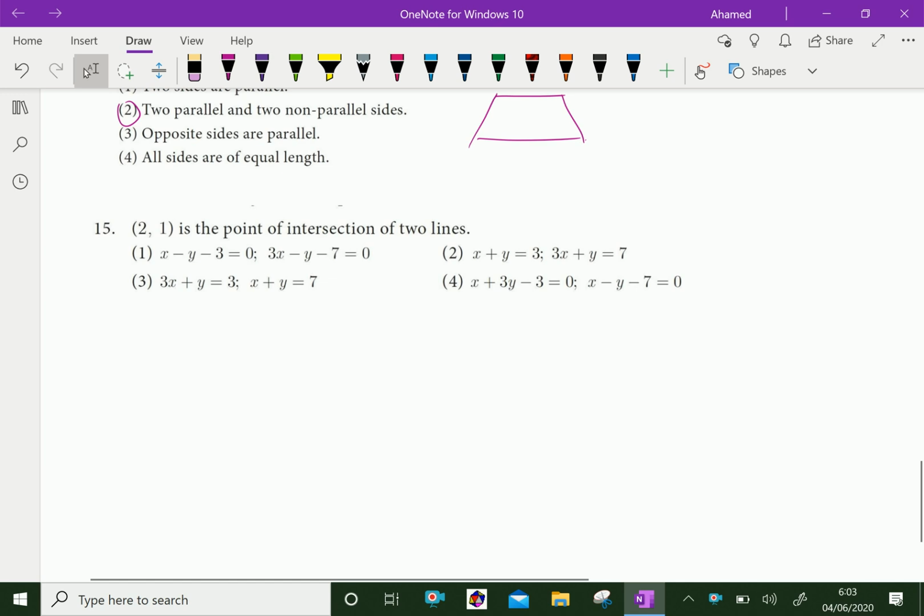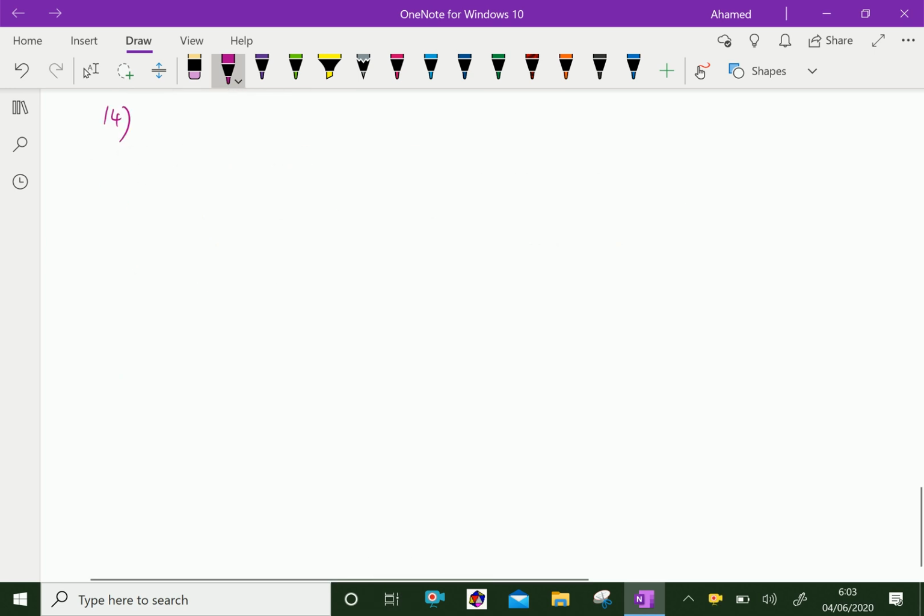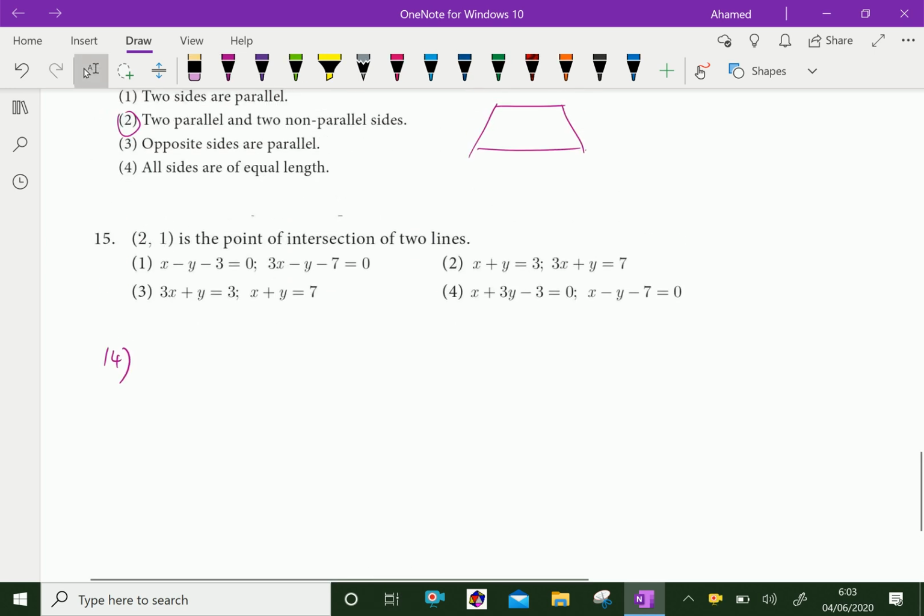Now question number 14. Here, when proving that the quadrilateral is a parallelogram by using slopes, you must find, proving the quadrilateral is a parallelogram.